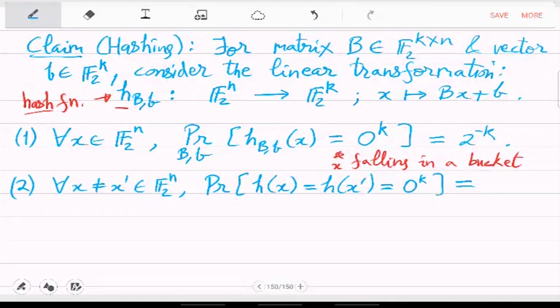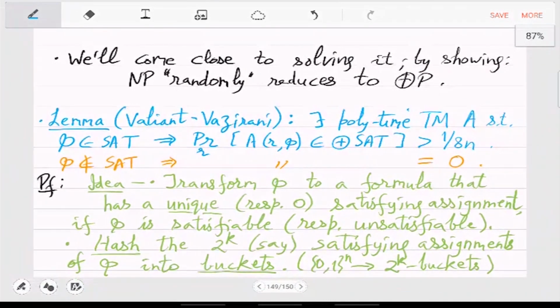Probability is again over the parameters of the hash function, which means that with good chance x and x prime will be mapped differently. Okay, these satisfying assignments go into separate buckets. So, that is the main thing, elements going into distinct buckets. So, they get separated.